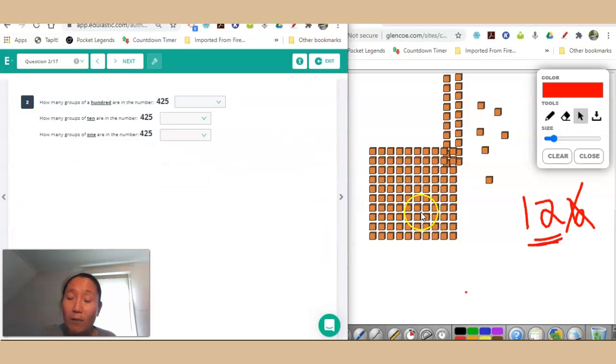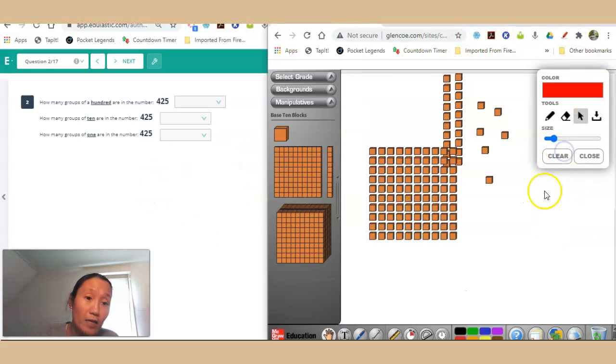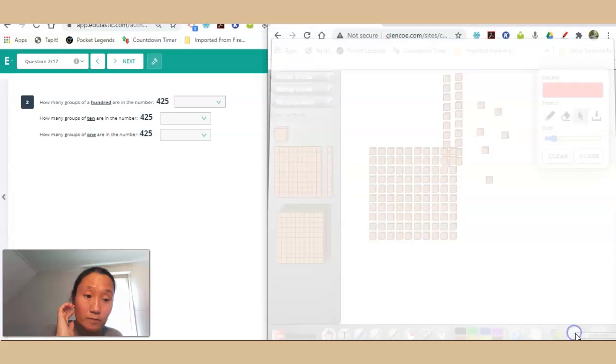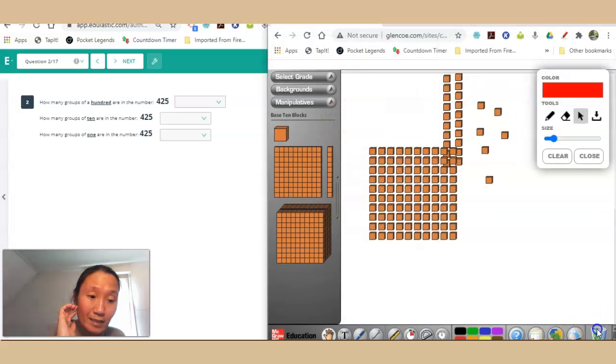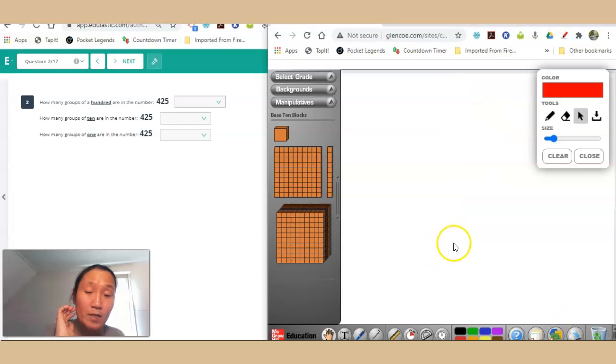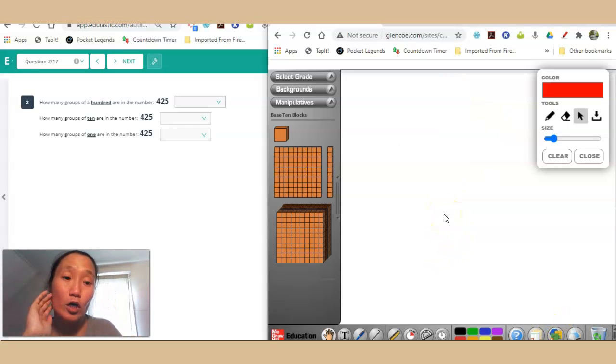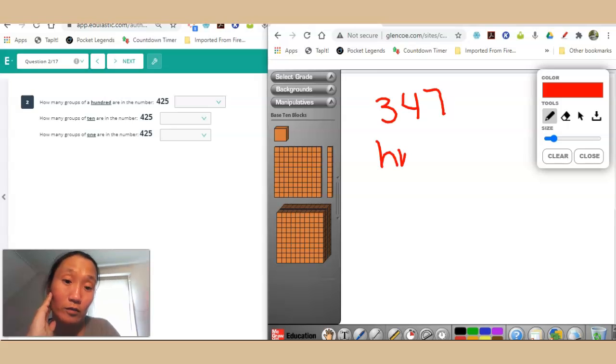Again, if you're looking at another number, I'm going to clear everything on here. If I built the number 347, how many hundreds?